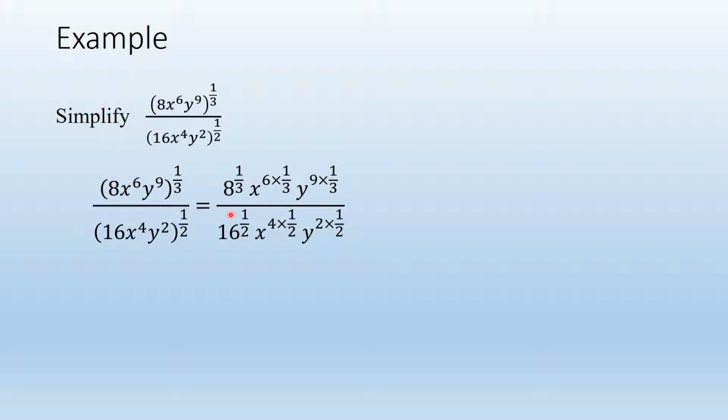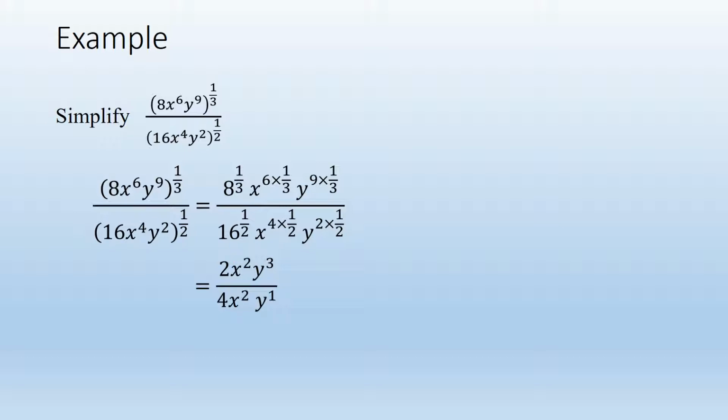So now we start evaluating these. The power of 1/3 really means the cube root of 8, so that will give us 2. Multiplying these powers together, of course, we'll get x squared, and then our y to the power of 9 times 1/3 is y to the power of 3, and so on and so forth.